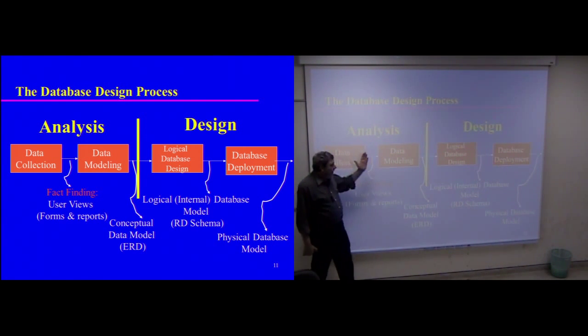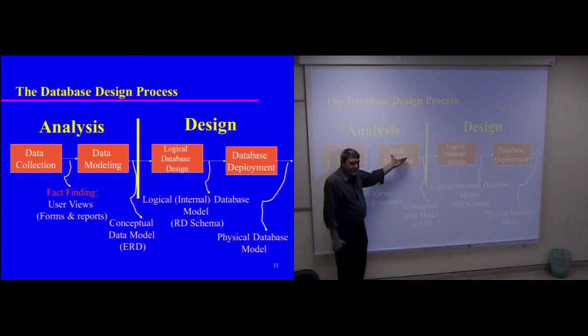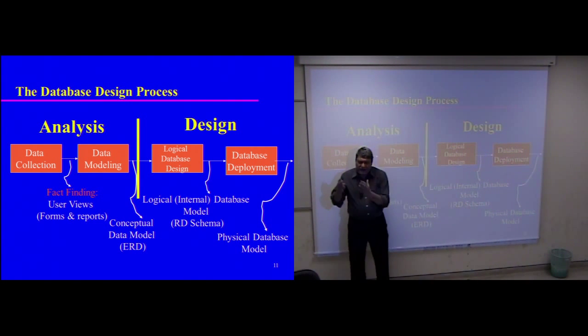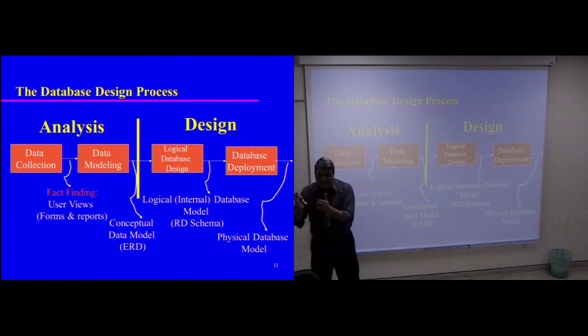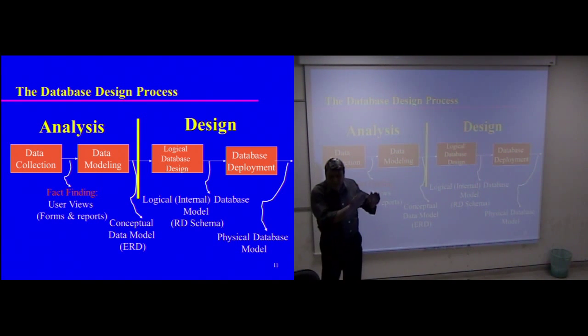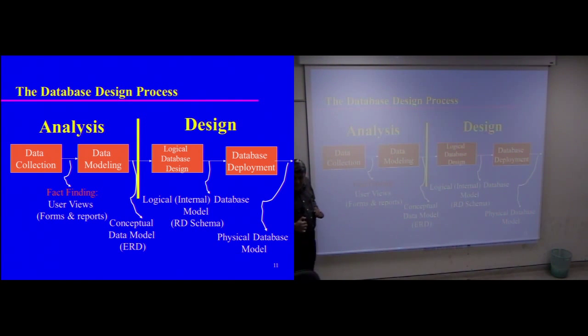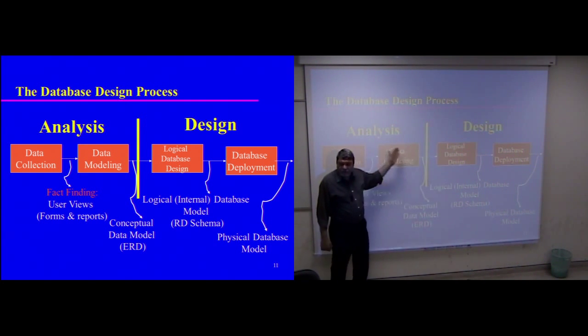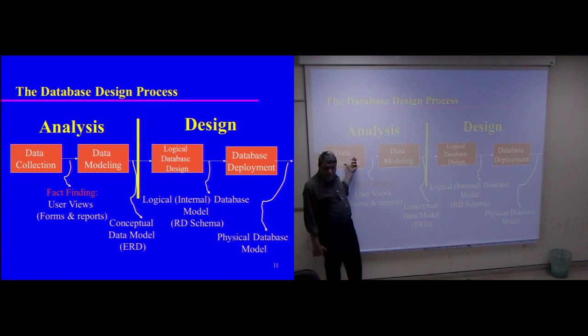On the other side, this understanding should be communicated also to the designer, who is going to take these data requirements and convert them into a design that's going to be implemented on the computer, right?